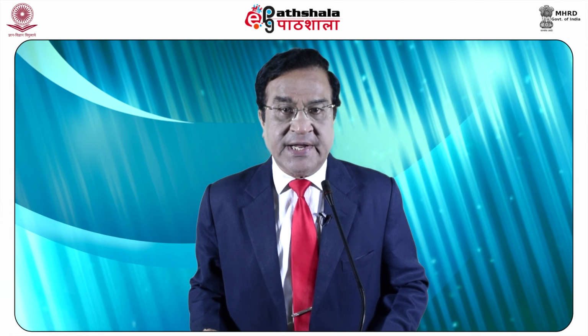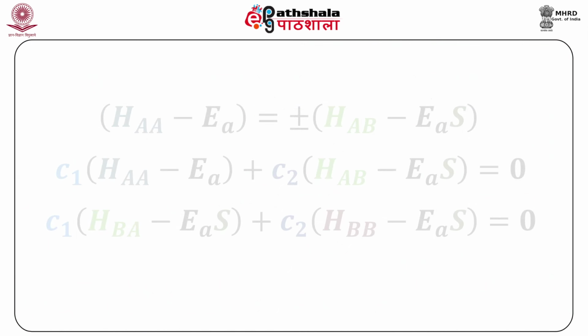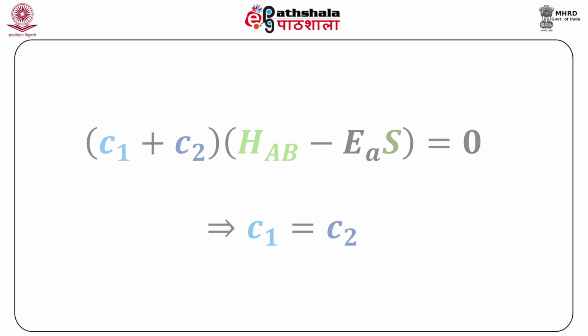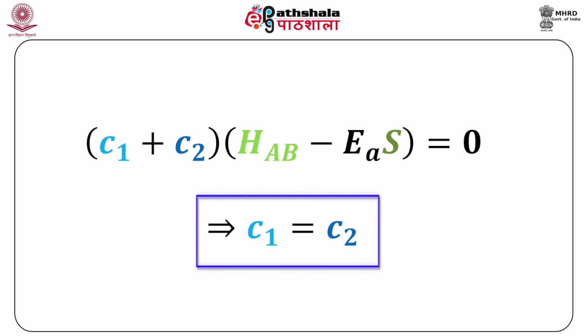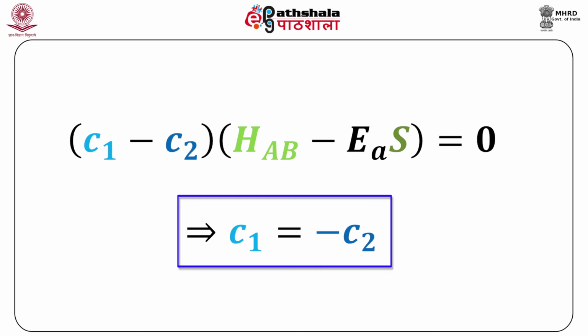These one can get by the solution of the secular equations, as we have done here. If we solve these equations, there are two possibilities: one is that C1 is equal to C2, and the other is that C1 is equal to minus C2.